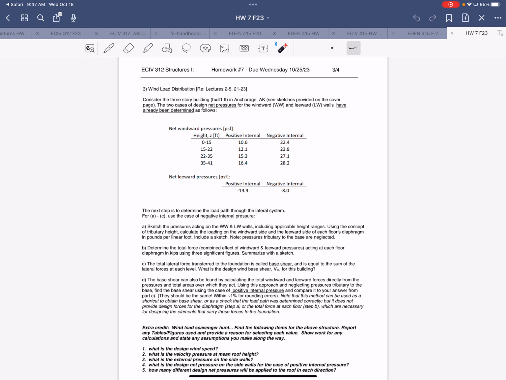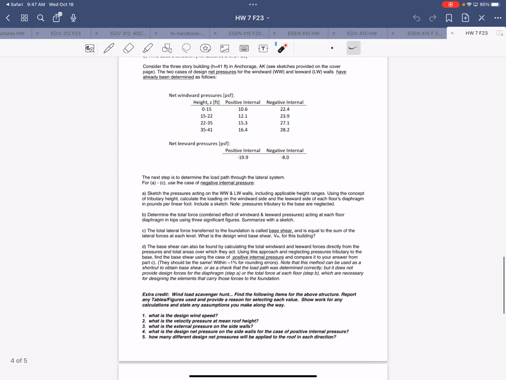And then from there, you can calculate the total load that's acting at a given level of the building, and then this kind of talks you through that process of summing that up to get the wind-based shear. And it's actually going to have you check your results using a different calculation. So it's going to go through that process and walk you through it.